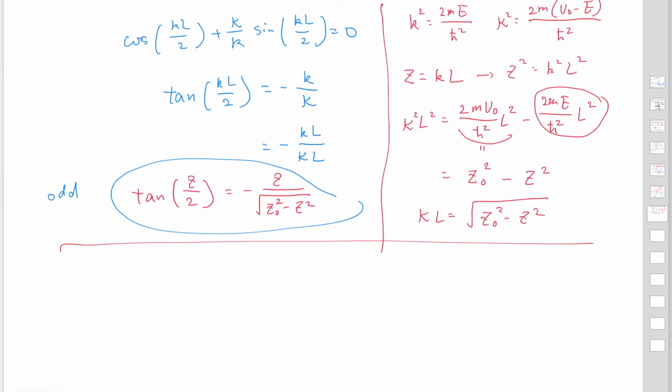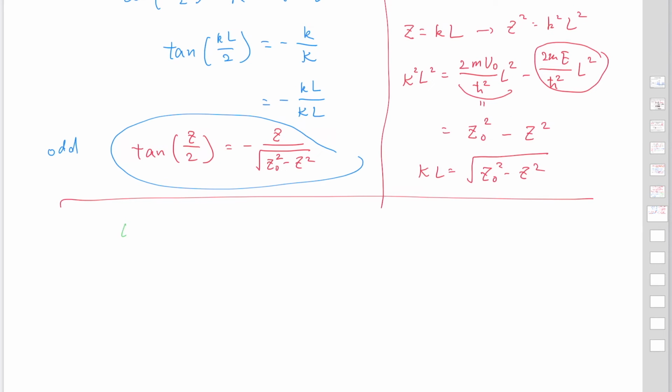Also, we have another situation for the green case. The green case is cosine KL over 2 minus K over κ sine KL over 2 equals 0.